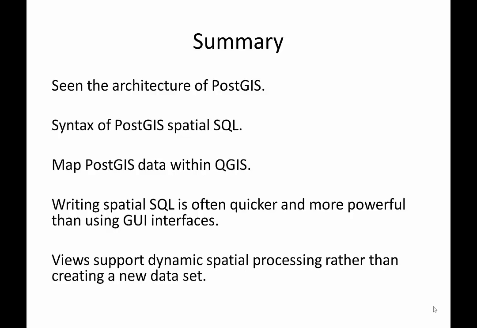We've seen the syntax of PostGIS Spatial SQL, and we've seen how we can map the results of queries within QGIS. And we've seen how, and I shouldn't really need to tell you this, how important it is to check the results of your queries and make sure that they've done what you expect and that the data is behaving like you thought it should.